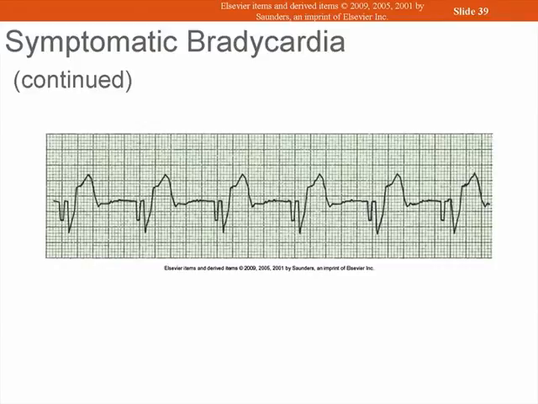So I have to be concerned about this patient having an infarct. What do you think symptomatic bradycardia would be? Symptomatic would be low blood pressure, short of breath, loss of consciousness, weak thready pulse, cyanosis. Those are symptomatic bradycardia.